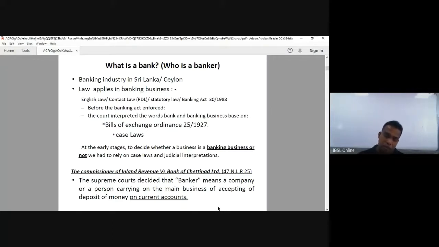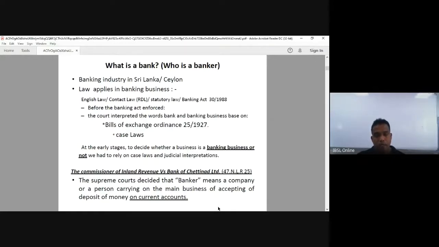Therefore, the British rulers introduced several statutory laws. One of those laws is the Bills of Exchange Ordinance, introduced to the country in 1927.